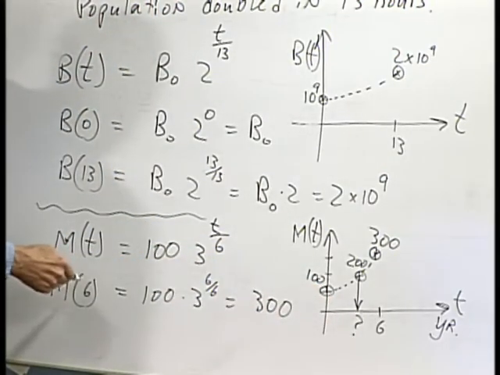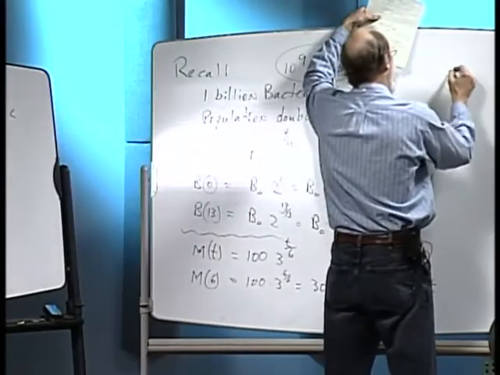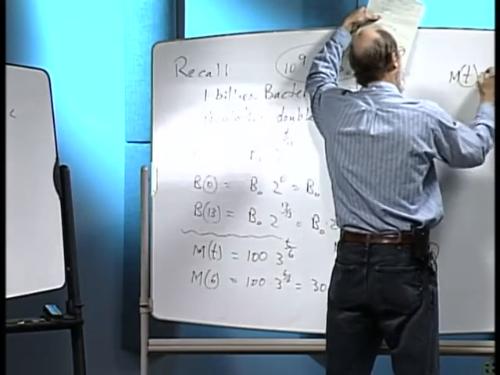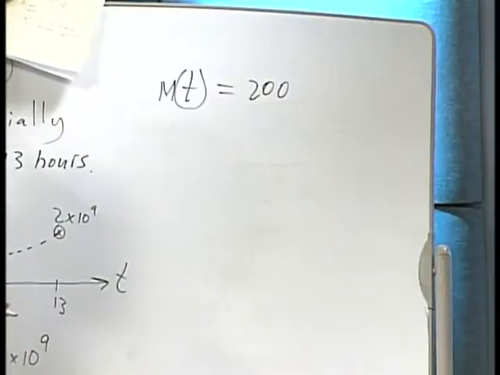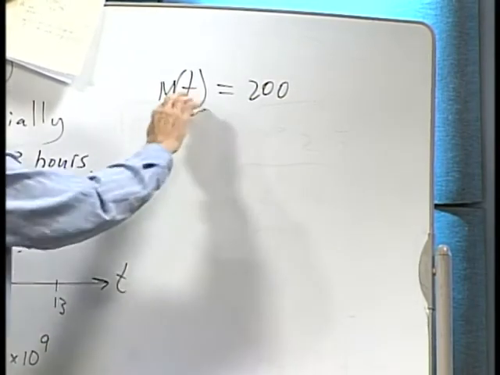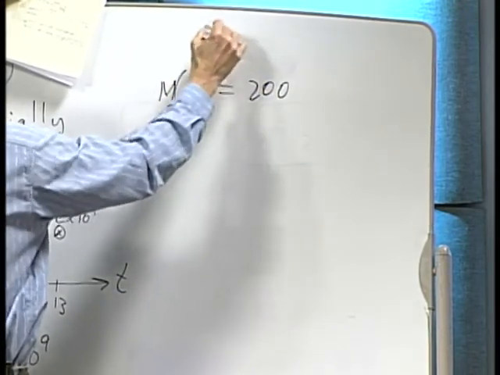And so now let's go ahead and actually do the algebra like Melissa suggested. We are going to let m of t equal $200. That was our question. When will this grow to $200? So this future value is going to be 200, and we need to figure out this value of time right here.